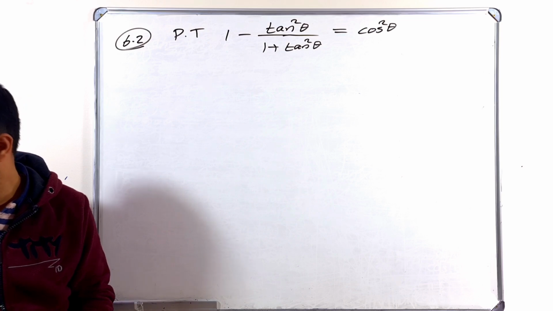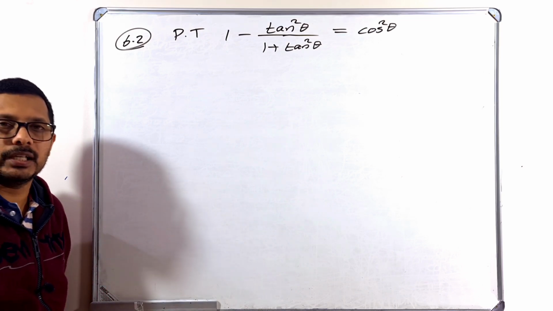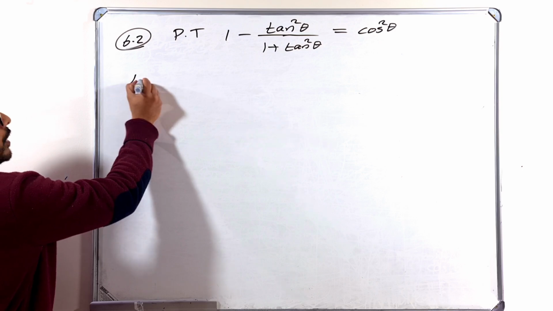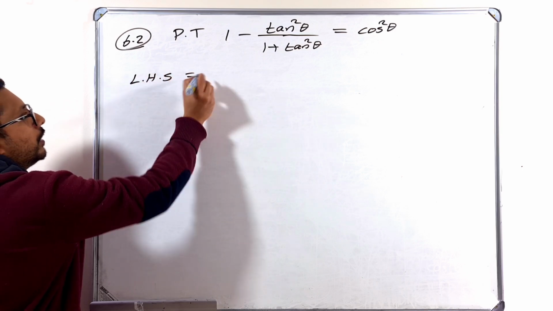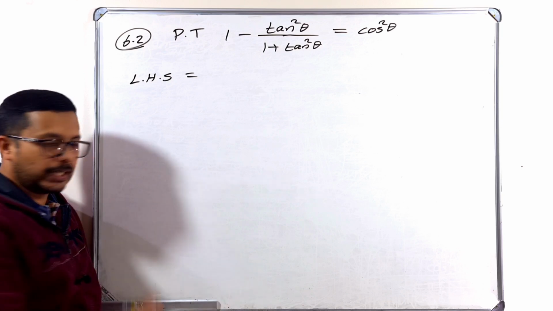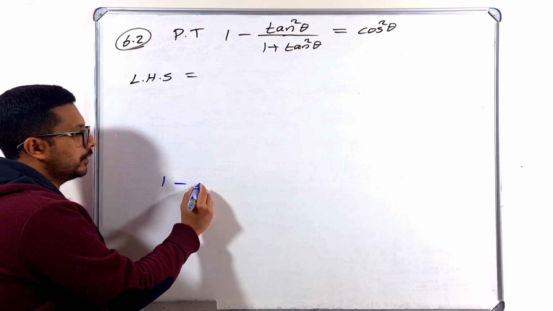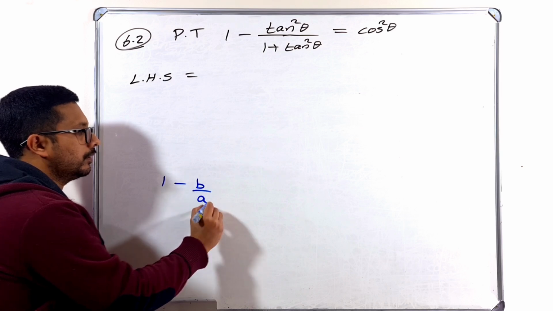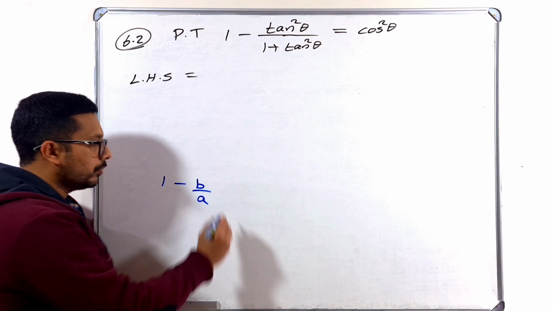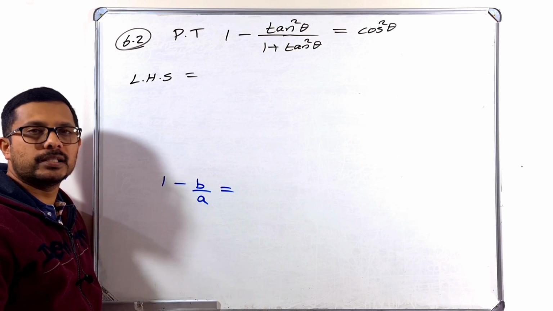Okay, so now how can we prove it? Let's take the left hand side, LHS. You know that if it is something like 1 minus b by a, how can you simplify this quickly? How can you take the LCM?